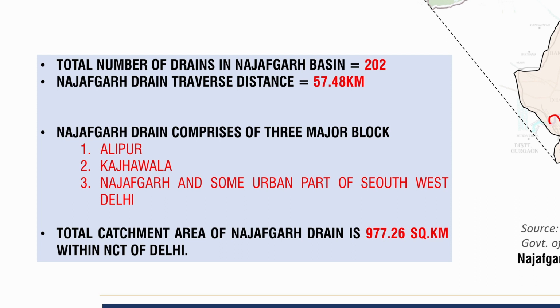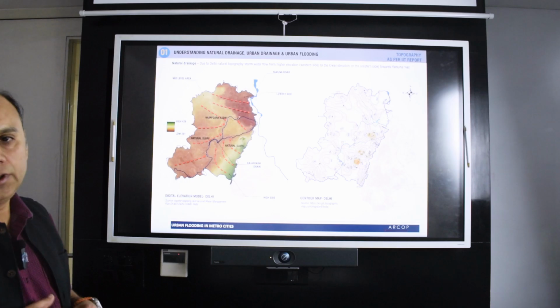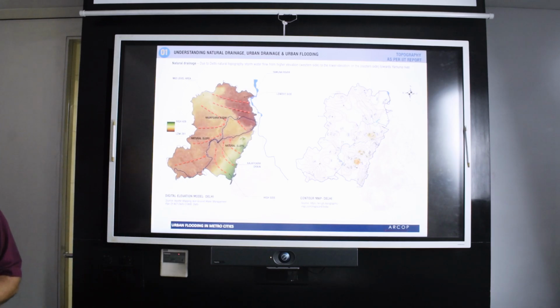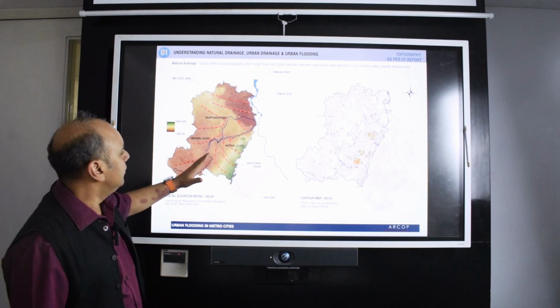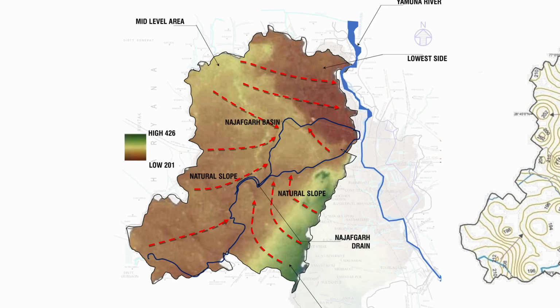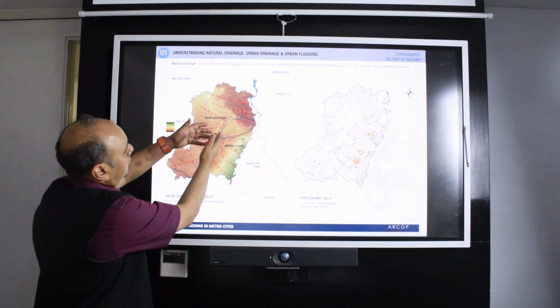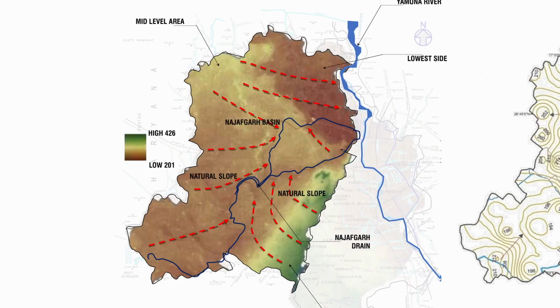Once we understand the drain and the drainage basin, I think we will start understanding how the whole urban drainage works. So this slide very clearly shows you how the slopes work. The blue line is the Najafgarh drain, and as you can see, the entire slope of the Najafgarh basin in Delhi is sloping towards this drain.